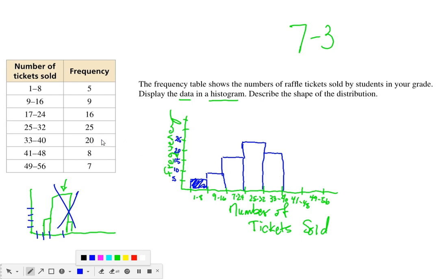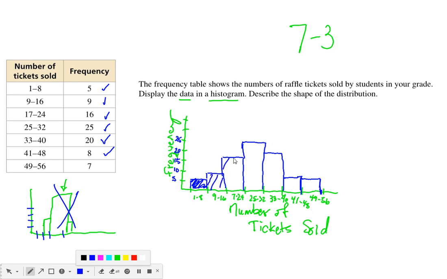I'm just checking them off as I go down. Then the next one is at 8, an estimate just shy of 10. And then the very last one is at 7, just a hair below. You know what? I made that one just a little wide, I think. I would come in about right there to end it, so all the bars are the same size.